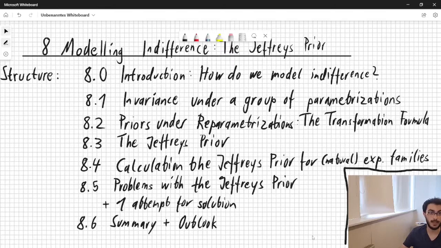It talks about matching priors, which are priors which are very nice from a frequentist perspective. And it talks about robustness. So if we did choose a prior, what happens if we change it slightly? And if something big happens, then maybe we should reconsider how we have chosen our prior.